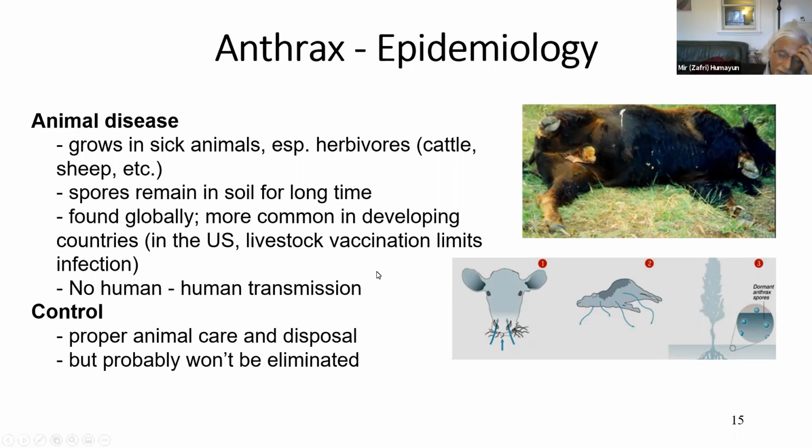In the United States and in Western countries, because of livestock vaccination, anthrax is not very common. There's no human-to-human transmission. This is an intoxication, not an infectious disease per se, except under specific conditions that I'll refer to shortly. The disease is controlled mostly by proper animal care and proper disposal of dead animals, but the disease probably cannot be eliminated because it's a disease of herbivores.